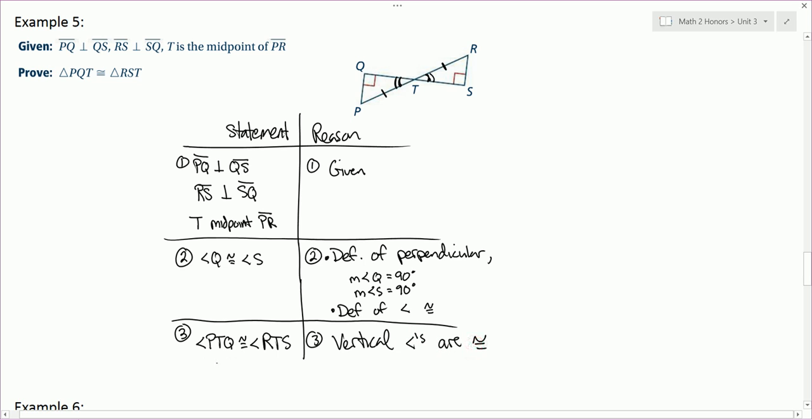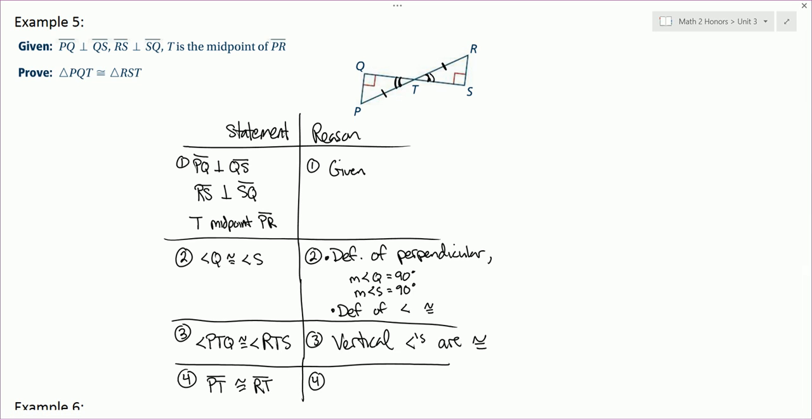And lastly, one more congruent statement before we can say the triangles are congruent, that PT is congruent to RT. That's because T is the midpoint, or the middle, of PR, and so we're using the definition of a midpoint.